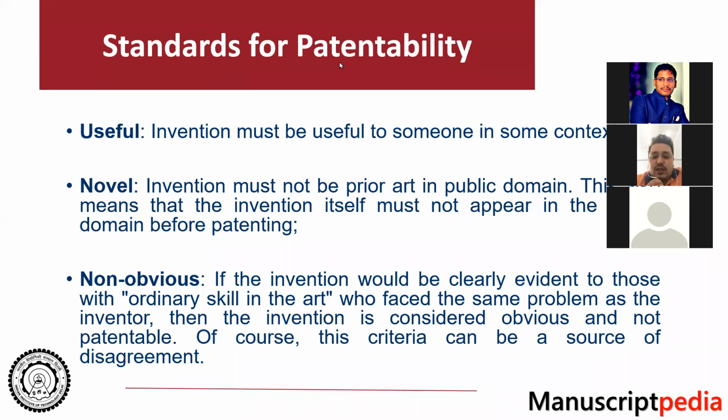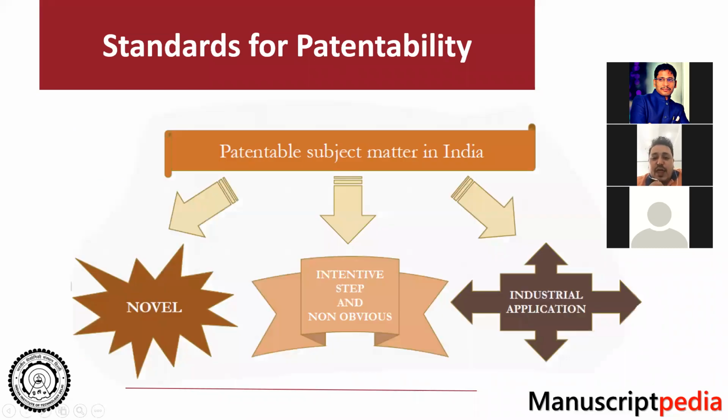So the next slide. In India, we have something different. If we are filing for a patent in India, it should be novel first. And the second thing is non-obvious, and the third thing is it should have industrial application.